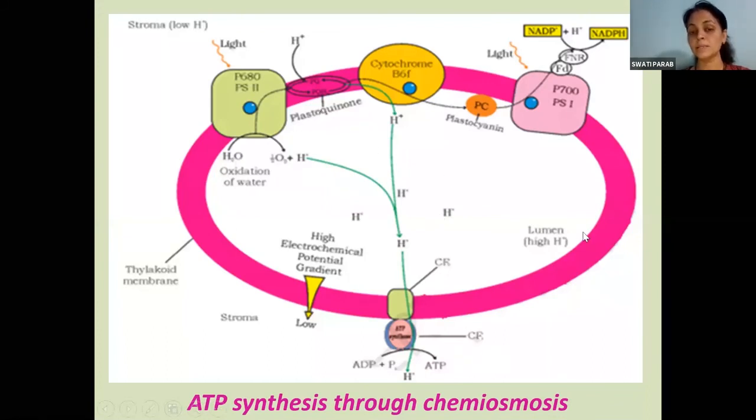This pink color is the membrane of thylakoid. This open space inside is the lumen of thylakoid. We have studied that all protons are collected in the lumen of thylakoid. Try to relate what we have studied now. See, all the protons are inside this lumen, and that is why we can use them further.